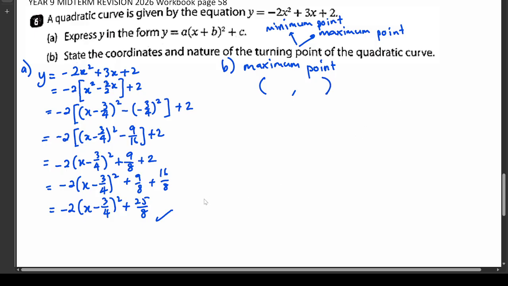Now, the reason we do complete square is we can read coordinates of the maximum point or the minimum point immediately from the complete square form, right? That's why we change it to complete square. Y coordinate is the number behind, which is 25 over 8. X coordinate would be whatever in the bracket equals 0.